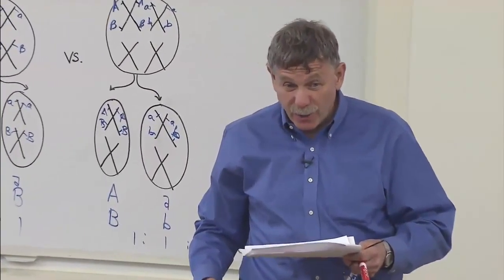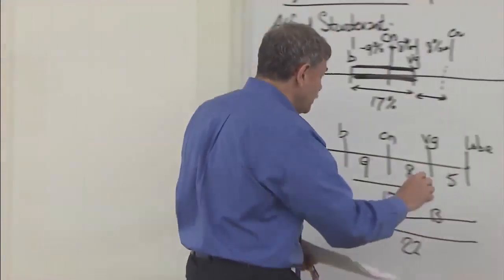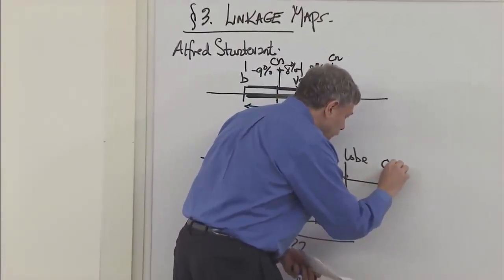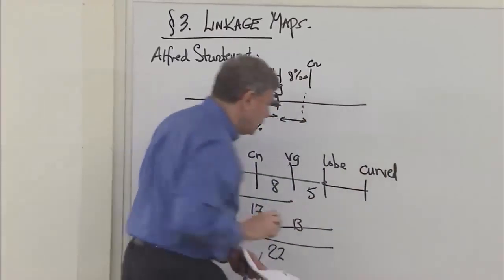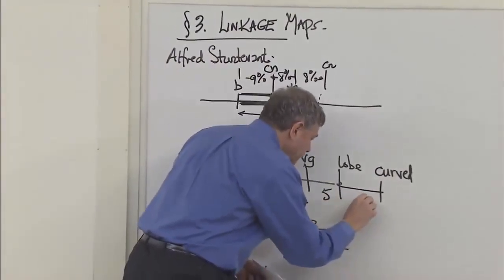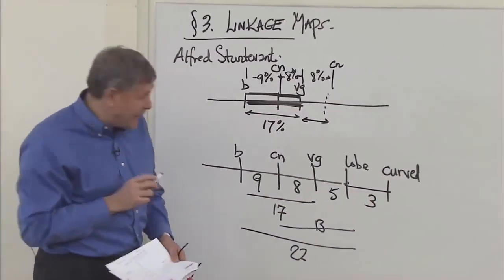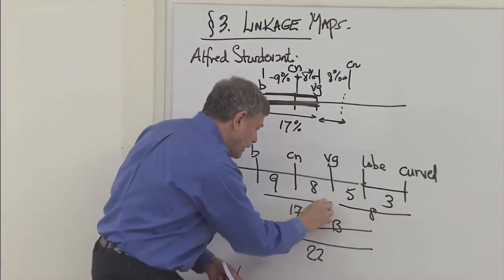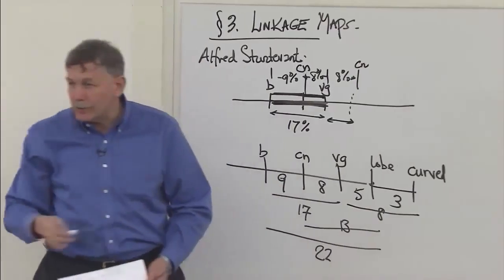This is a very good all-nighter. He's sitting there drawing things. Try another one over here. Curved wing. It's 3 away from lobed. If it's on that side, then this will be 8. That will be 16, et cetera, et cetera.